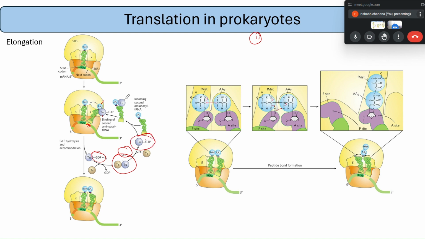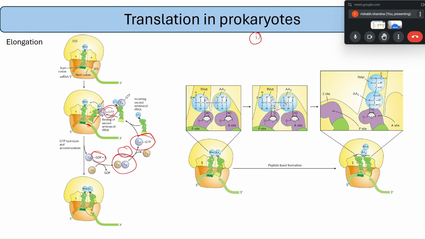So now this is EF-Tu GTP, and EF-Tu GTP helps in binding of the amino acid tRNA, thus hydrolyzing this GTP.